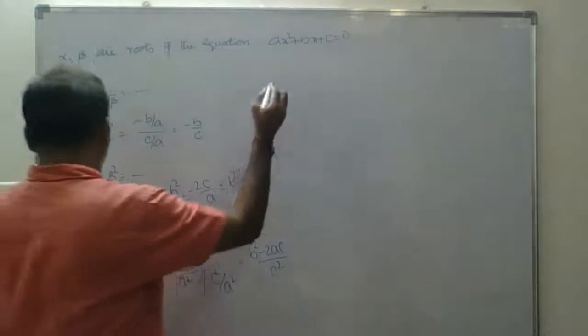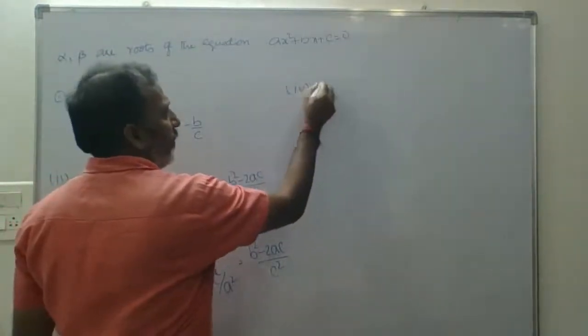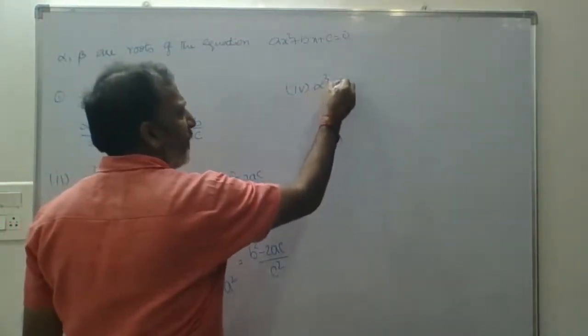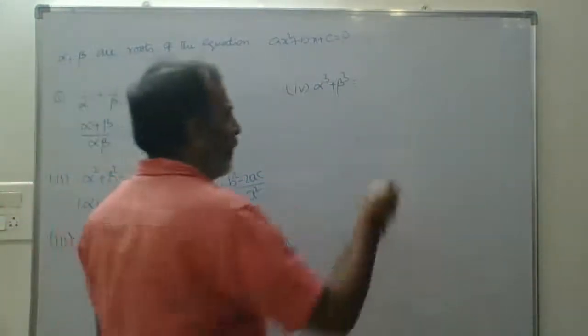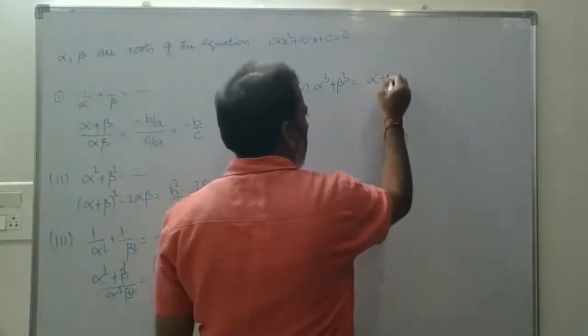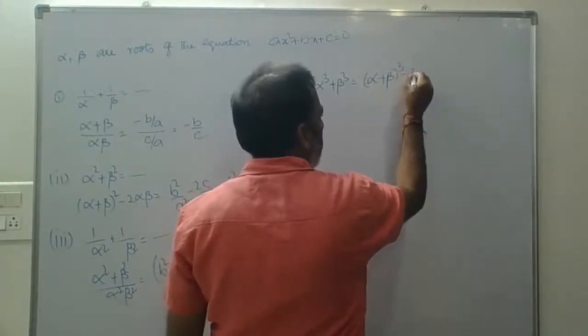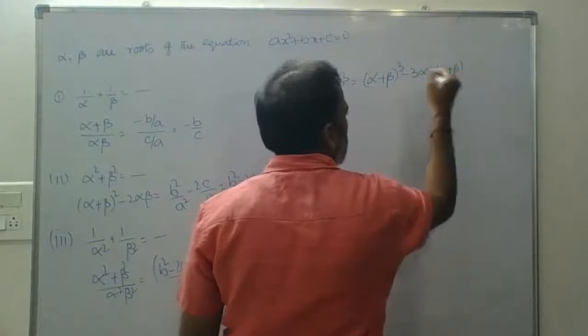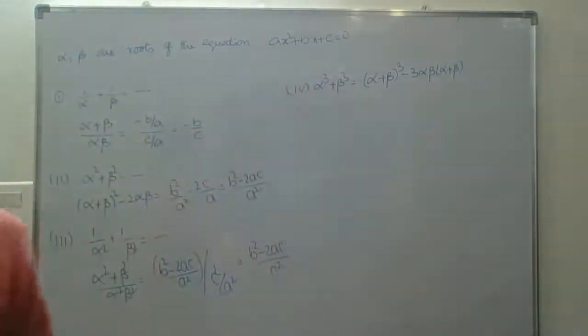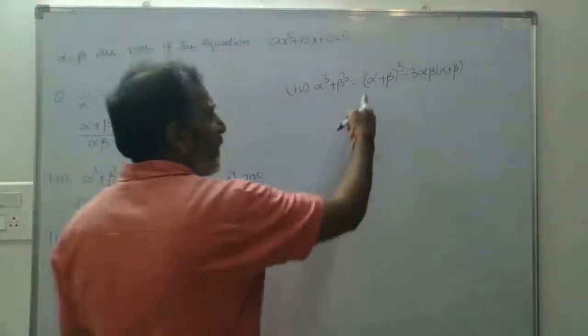Next, fourth bit, alpha cube plus beta cube. By the a cube plus b cube formula, what do I write? Alpha plus beta whole cube minus 3 alpha beta into alpha plus beta. What is alpha plus beta?